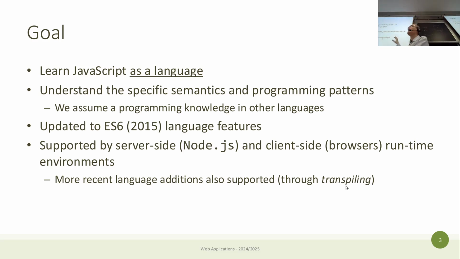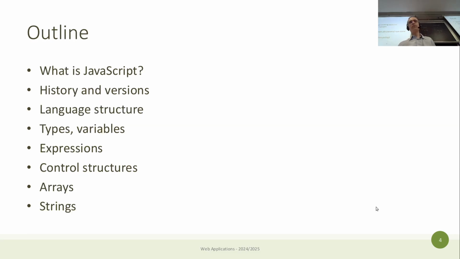That means automatically translating the code into older code so that it can run on any browser. In short, it's enough for us to focus on ES6, which is very famous because it has everything we need for writing modern web applications.